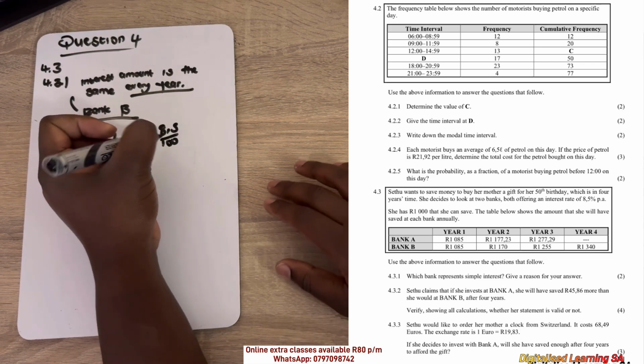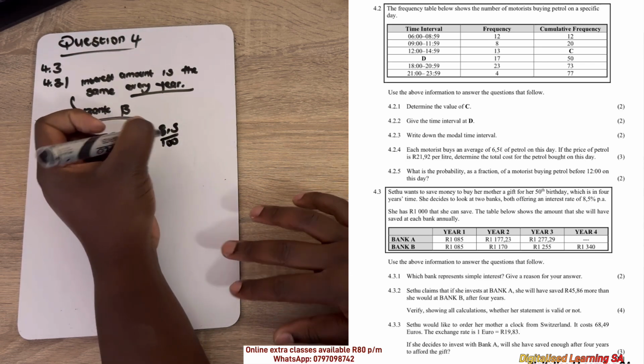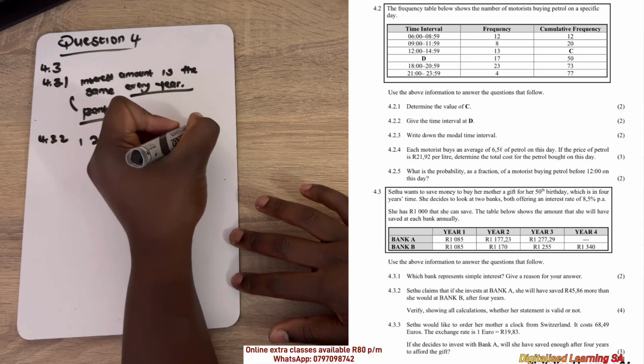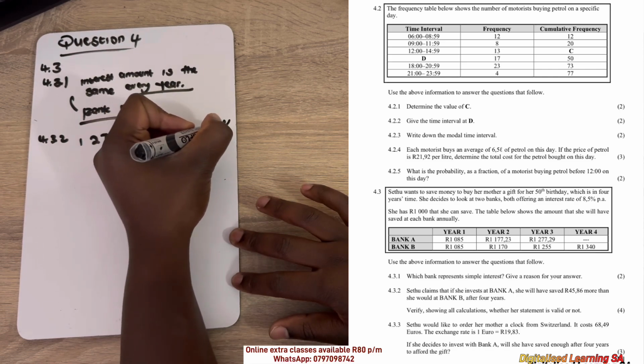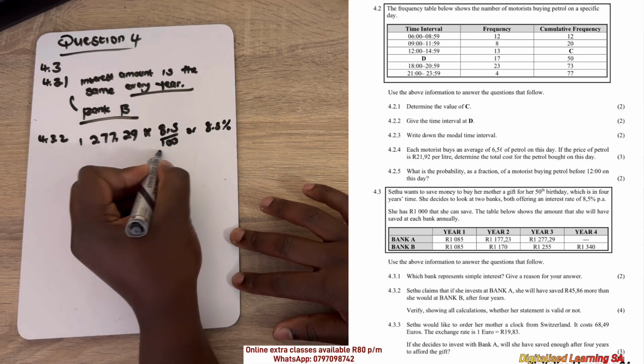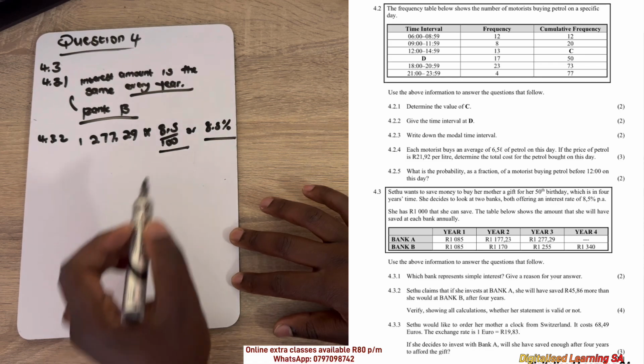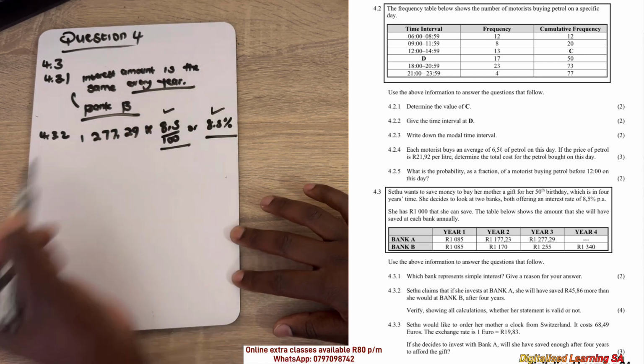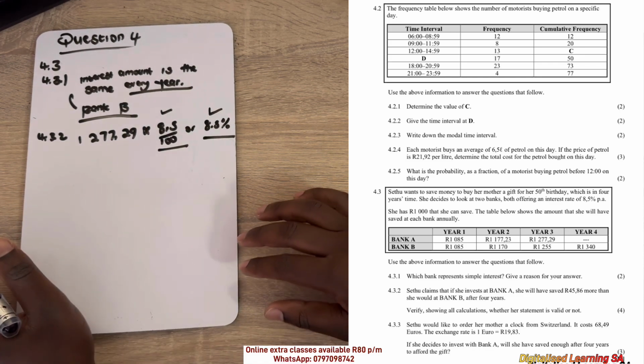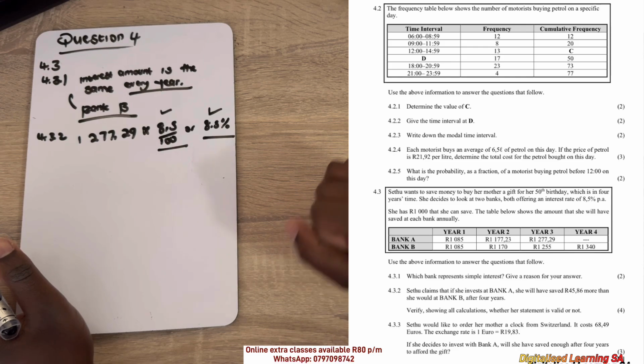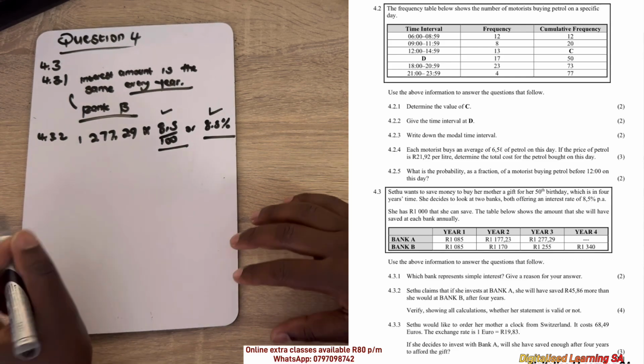Don't be confused by dividing by 100. We can either say divide by 100 or 8.5%. When you plug it on your calculator, it will give you the same amount, whether you use this or this.